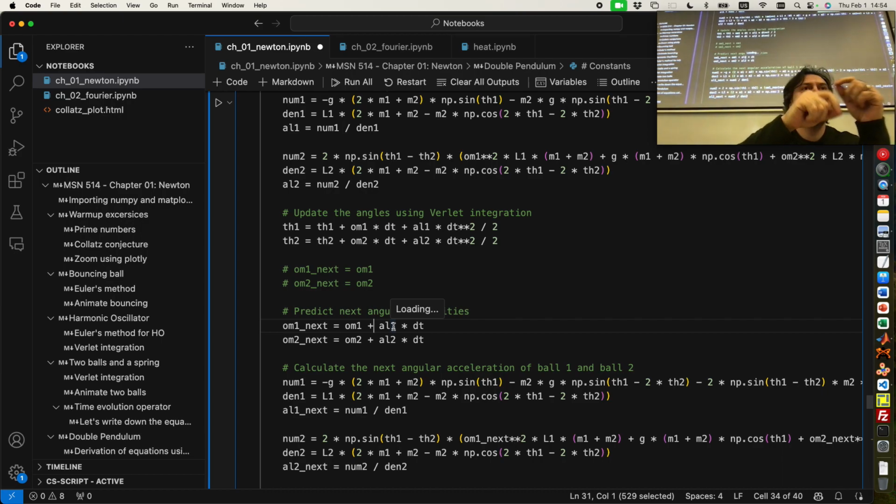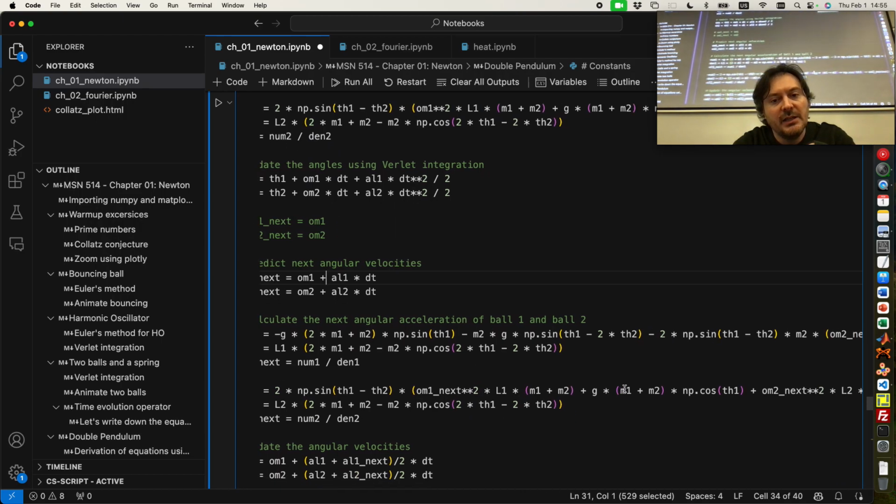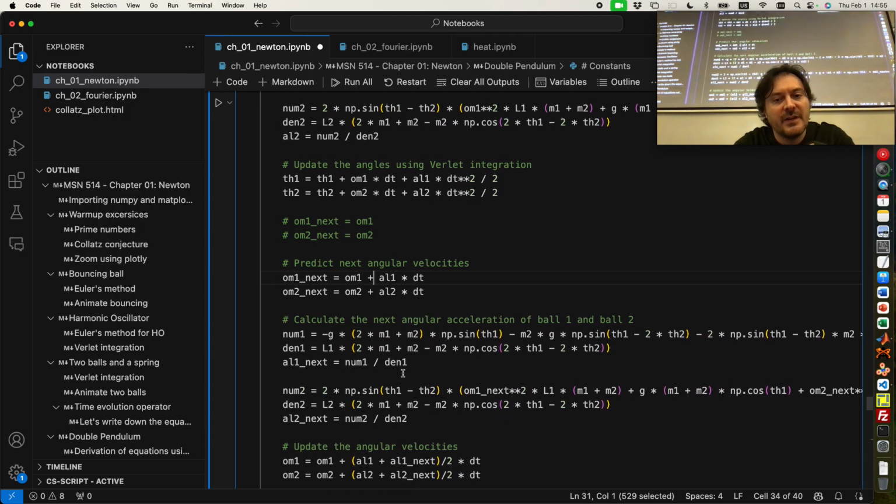So when we calculated a next, we were using only the positions that we have found for future. But this time, we are also using predictions for next time velocities, because our acceleration depends also on velocity. So I'm plugging my prediction for the next velocity as well when I'm calculating the next acceleration.